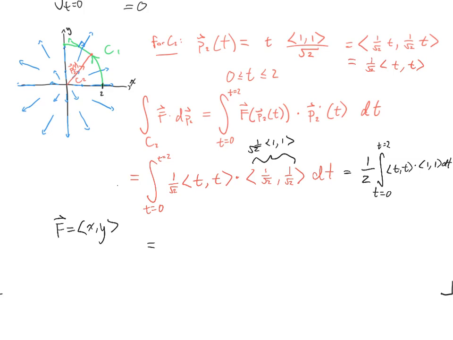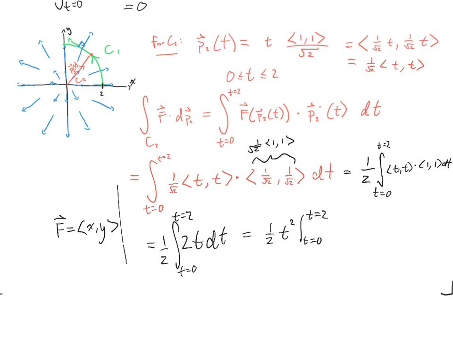So if I expand my dot product, that's t times 1 plus t times 1. That's 2t dt, t equals 0 to t equals 2. And so this just cancels and gives me the integral of t. That gives me t squared over 2, evaluated from t equals 0 to t equals 2. And my final answer is 2 minus 0.